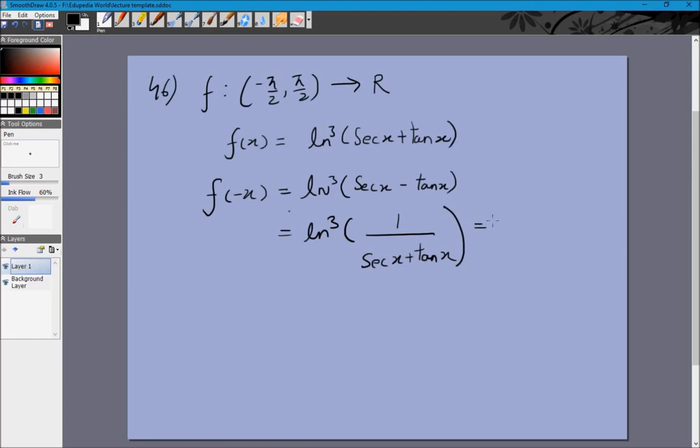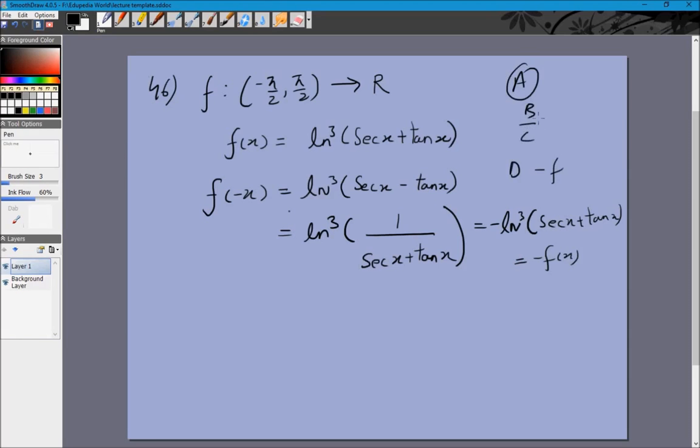And from this you can see already, ln cube of 1 over (sec x plus tan x) is minus ln cube of sec x plus tan x, which is minus f of x. So we know f is an odd function. So A is true and D is false.